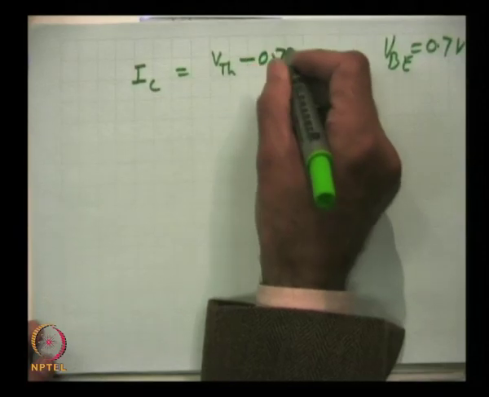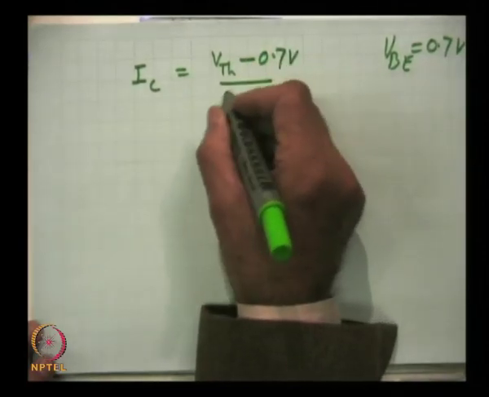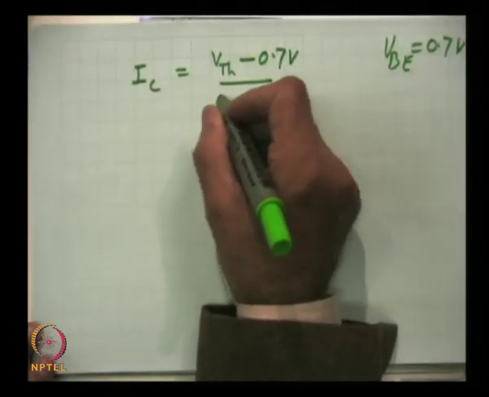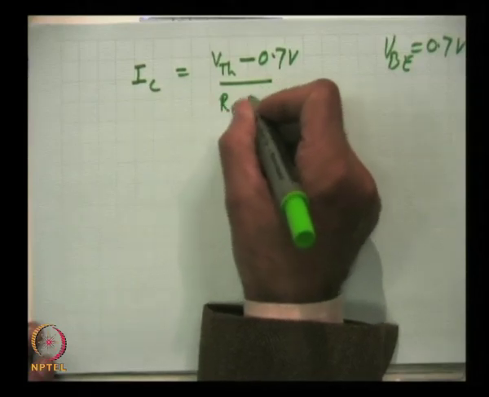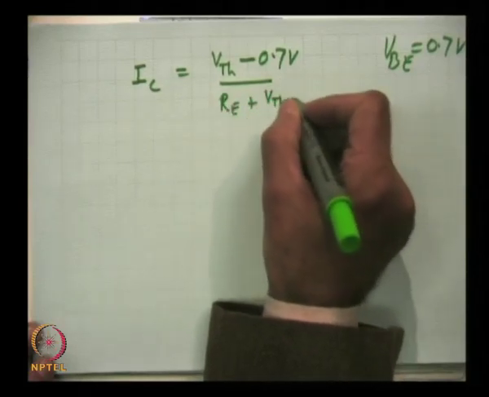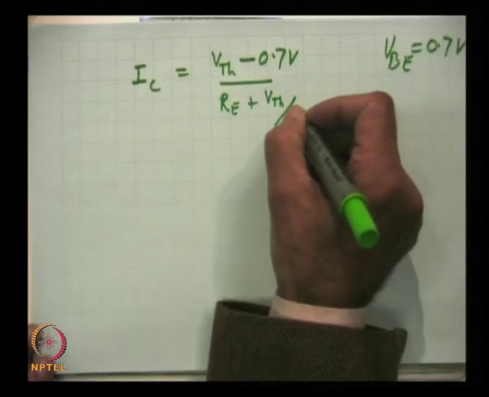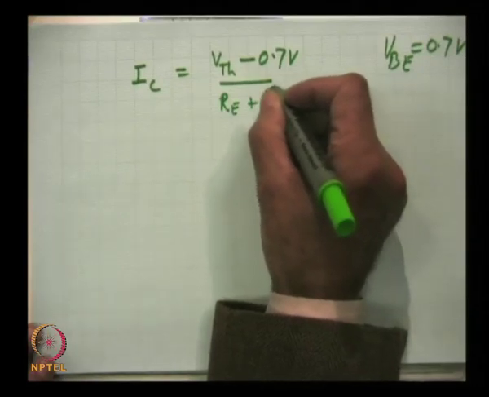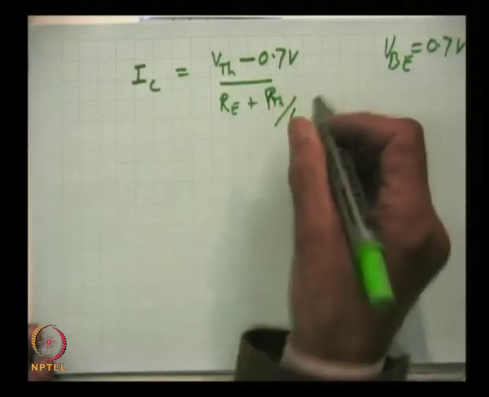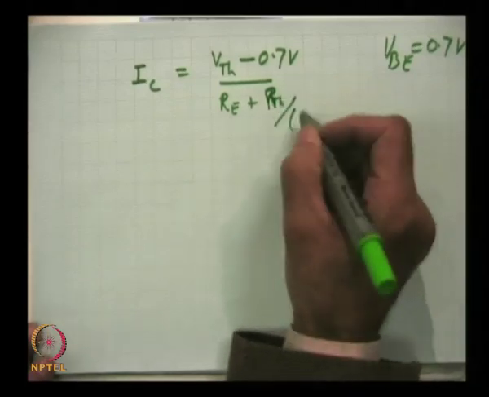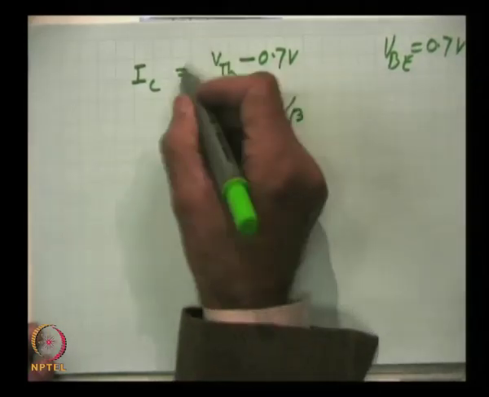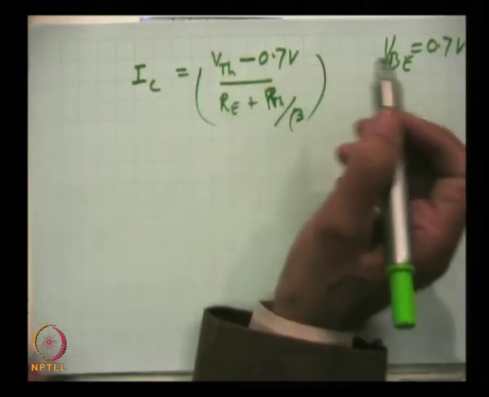So, 0.7 volts divided by RE plus RTH by beta, the Thevenized resistance by beta.